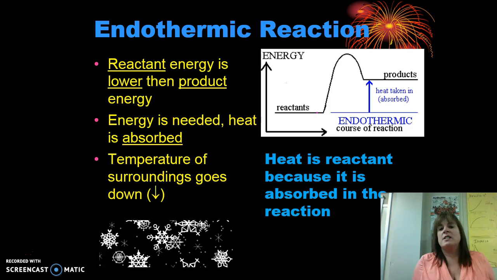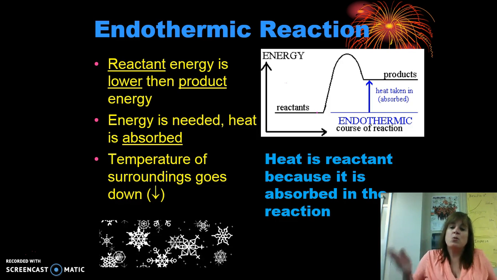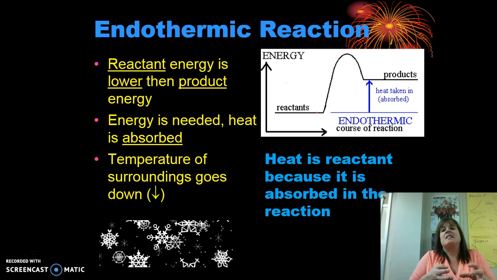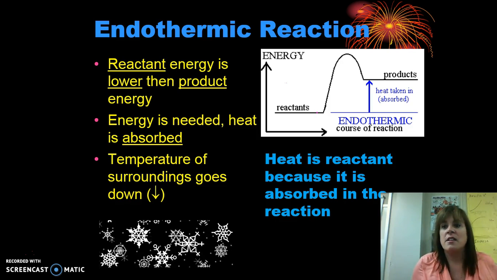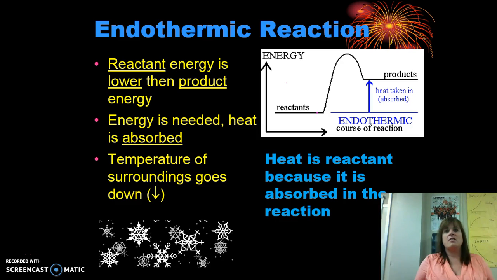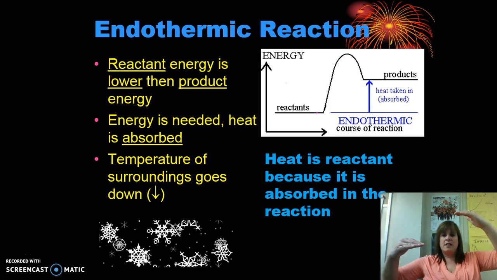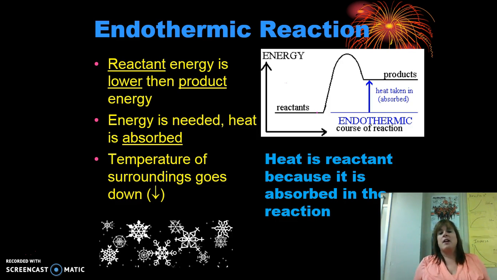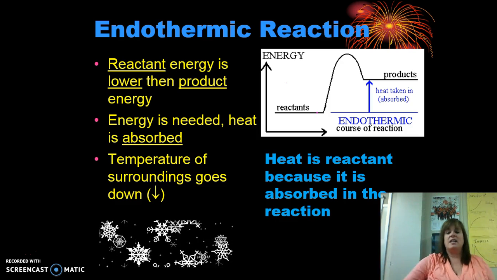So sometimes we say that heat is a reactant because we need it with the reactants in order to make the products occur. So exothermic reactions, reactants to products, heat is released. Endothermic reactions, reactants to products, heat is absorbed.